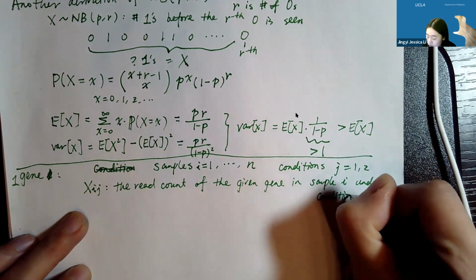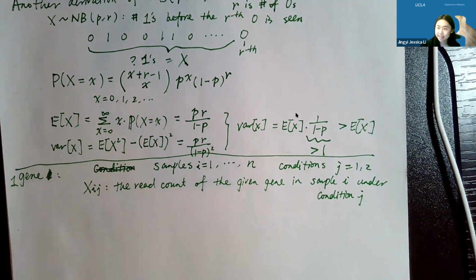So in other words, the sample index is not nested within a condition. I just number my samples regardless of the condition, 1 to n. And then for each sample, we also know whether it's from condition 1 or condition 2.